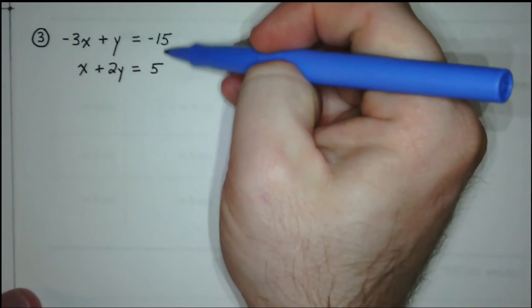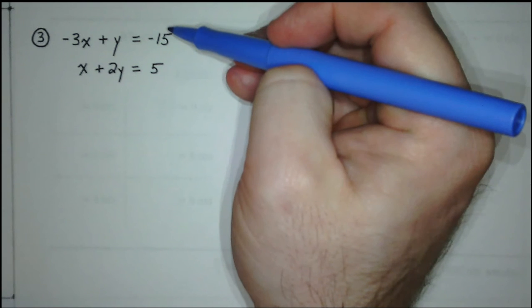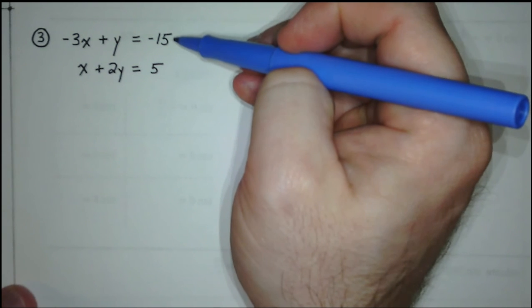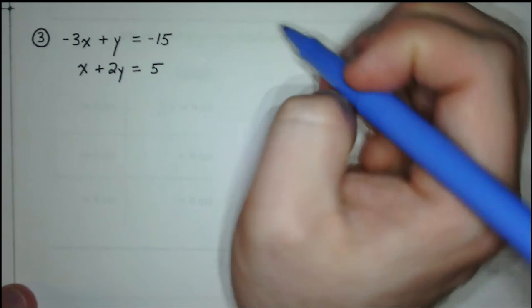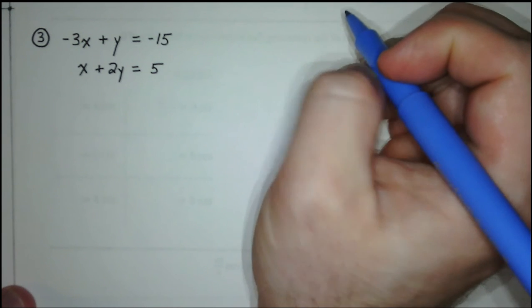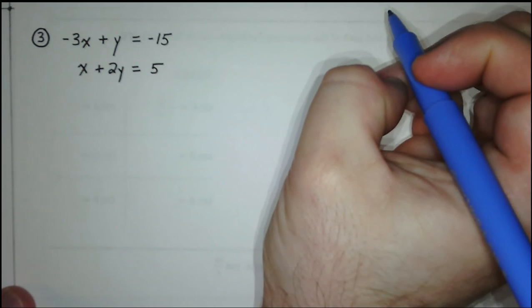And look, you get to pick which equation to solve for x or to solve for y. But you want to work smarter, not harder when it comes to that.